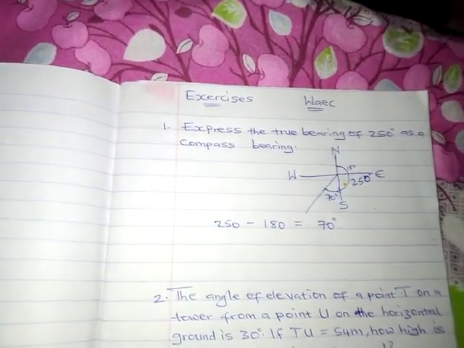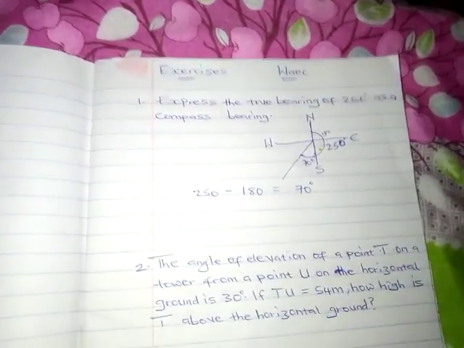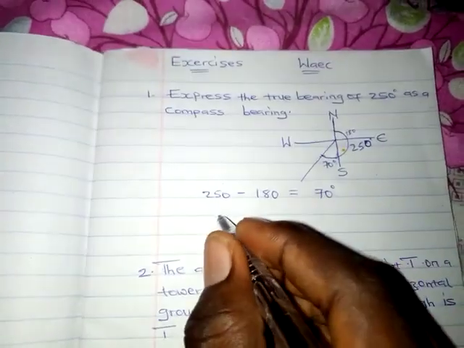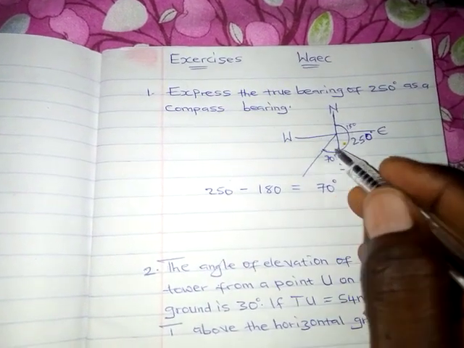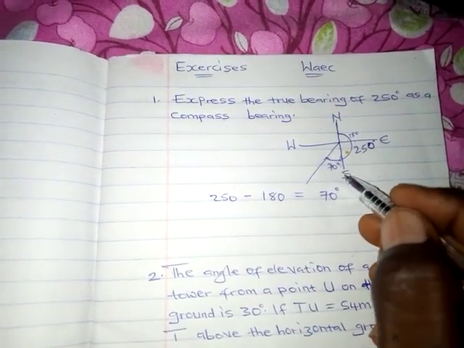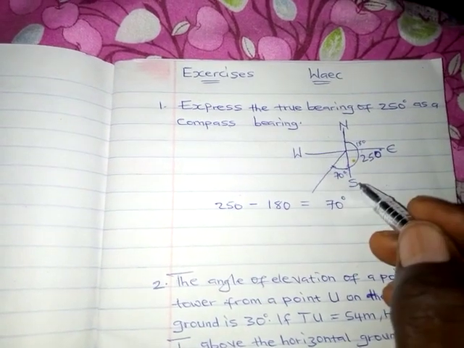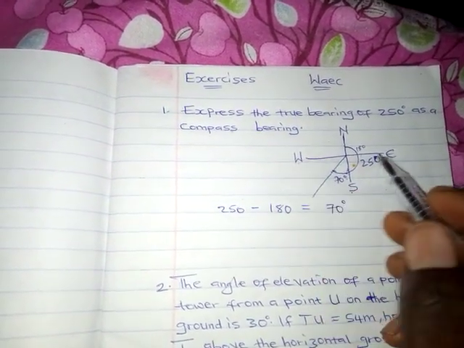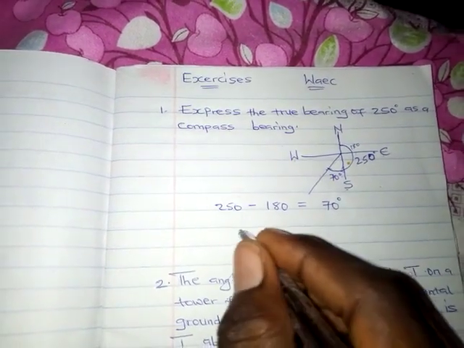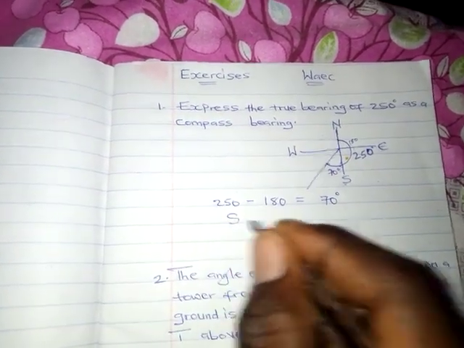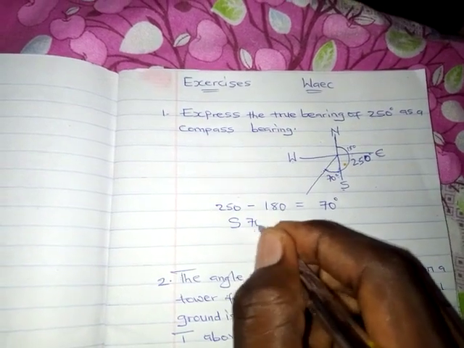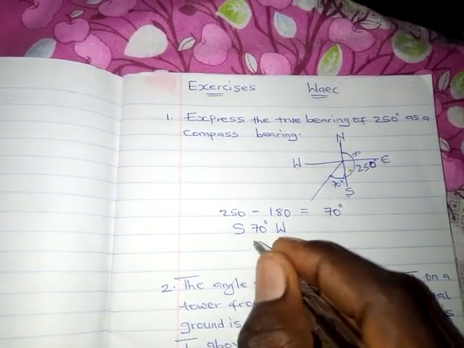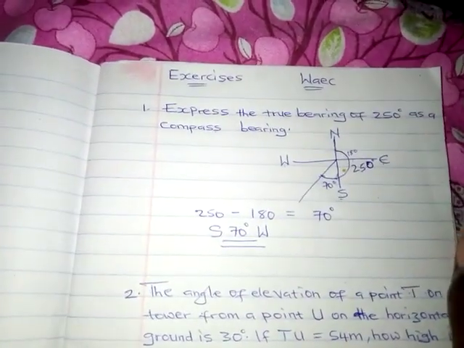So representing it in compass bearing or acute bearing, because this 70 degrees is in between south and west, and we always write the south or north first before we address west and east. So it becomes south 70 degrees west. So that is the answer to that question.